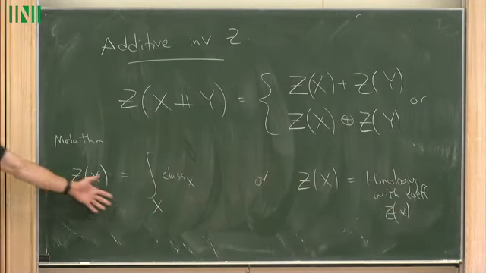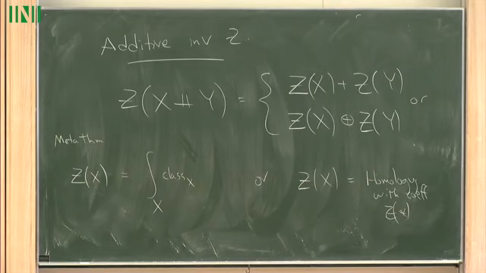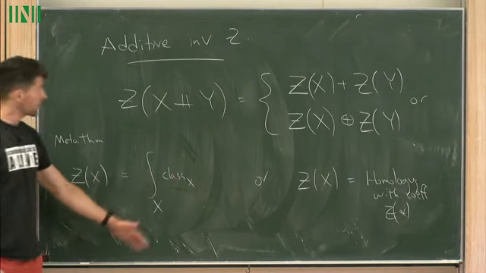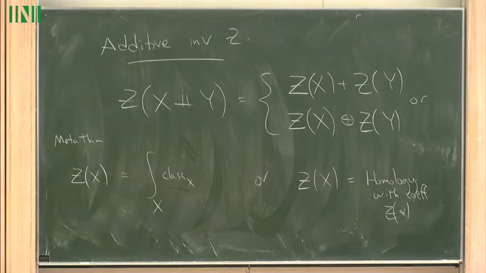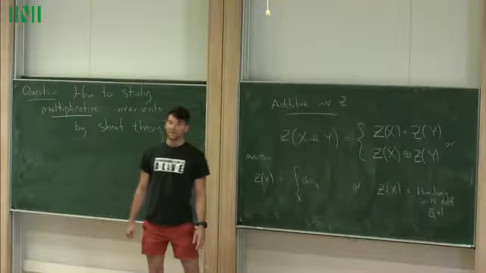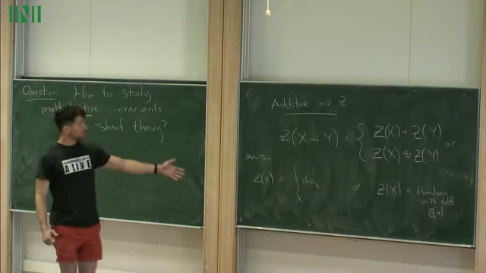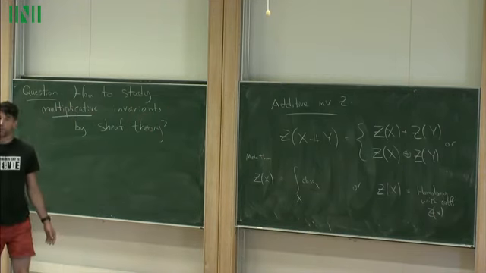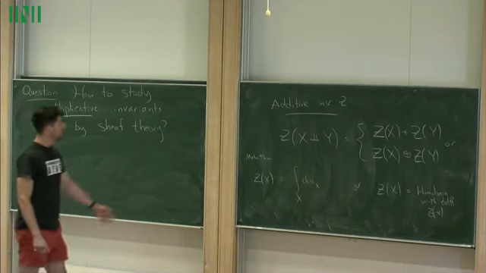Things which fit into this first example are things like the Gauss-Bonnet theorem or the Gauss-Bonnet-Chern theorem: in the case where Z is the Euler characteristic, there's a natural class, the Euler class, and the Euler characteristic is given in this local to global sense by integrating the Euler class. Likewise, Hirzebruch's signature theorem: the numerical invariant is the signature, and then there's a natural class, the L genus, and the signature is given by integrating the L genus for an oriented four-dimensional manifold.